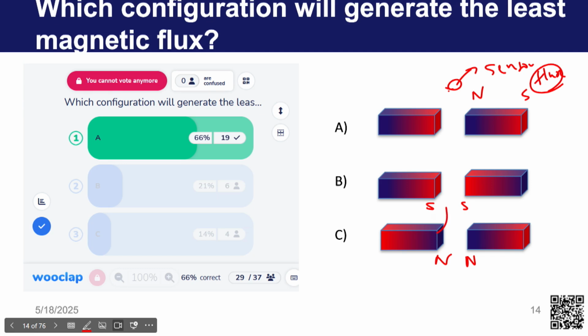So, basically the magnetic field produced by this pole, they will all go up, or down. So, you will have more magnetic flux coming out when like poles are facing each other.